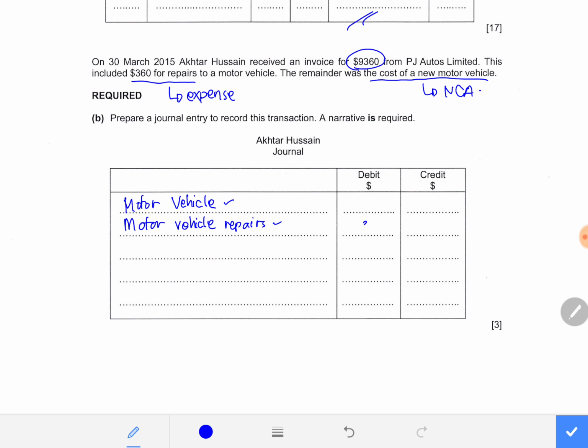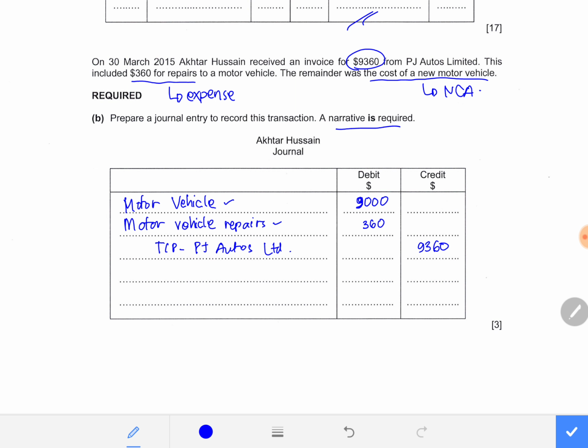If your repairs are 360, that means you purchased the motor vehicle for only 3,000. So you have trade payables to PJ Autos Limited of, I'm sorry, it's supposed to be 9,000, so it's 9,360.